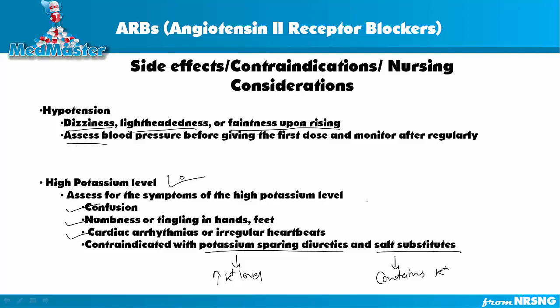So you don't really want to give two medications or any kind of supplements with this medication which are going to increase the potassium as well. If you give it, the potassium can go up to a lethal level. Say a normal potassium level is 3.5 to 5.2, and it can be different in different hospitals since they all use different instruments. But normally it would go above this 5.2.